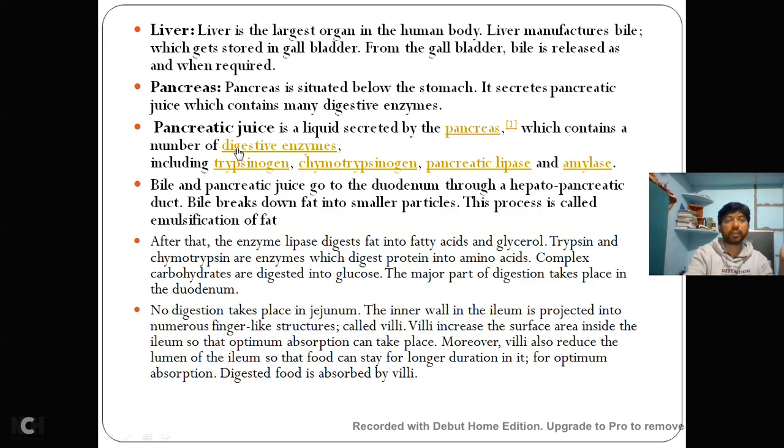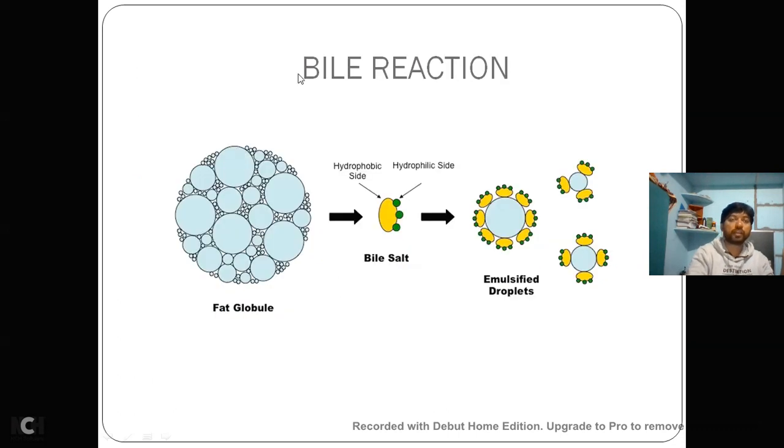Let us understand the reactions of bile. Bile acts as an emulsifying agent. That is, it breaks the large fat globules into small fat globules. The bile salt reacts with the large fat globules and breaks them into small fat globules.